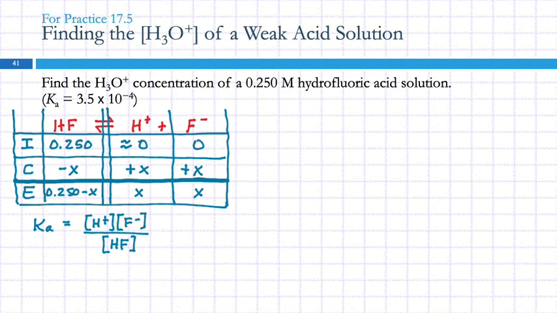Okay, so now we're given the Ka, and we have these equilibrium concentrations in terms of x, so we're going to plug them all in. We're going to get 3.5 times 10 to the minus 4 is equal to, and the numerator is going to be x times x, so I'm just going to write x squared. And then we'll divide that by 0.250 minus x.